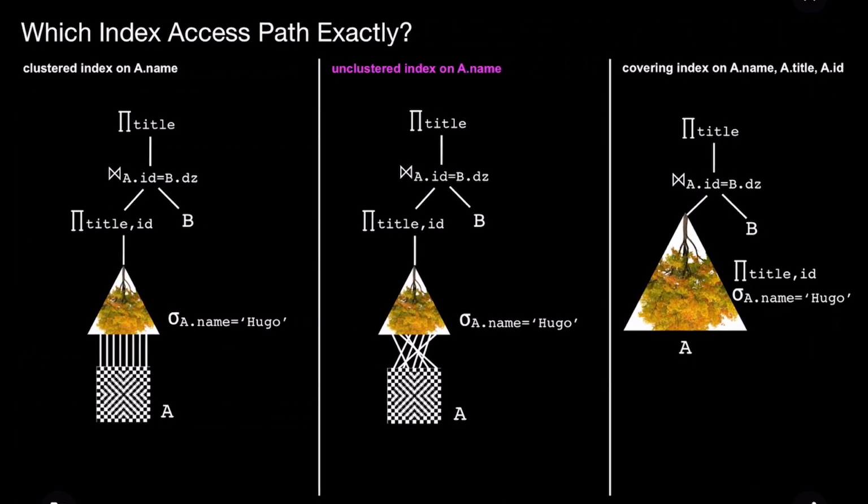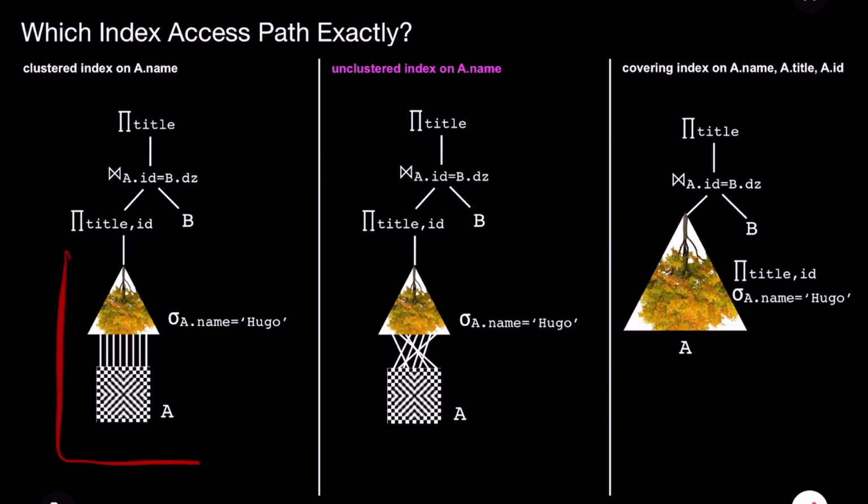Okay, and then the difficult part is we had this clustered versus unclustered index. That's one of the bigger challenges. You also see these things go wrong in practice, in real database systems. So you have to decide.